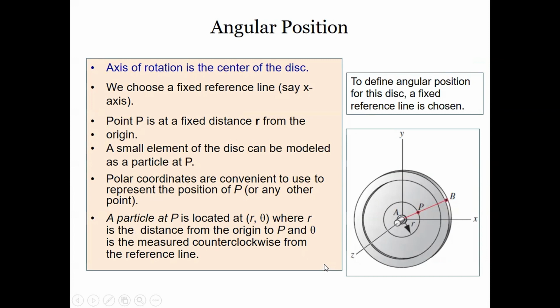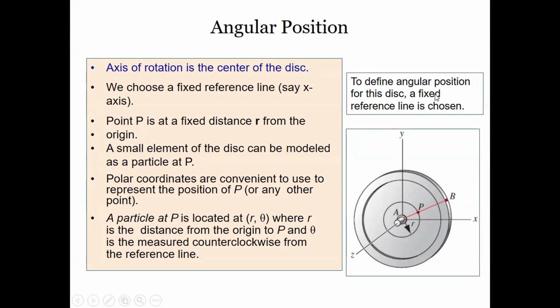So to understand the rotation, we first introduce the concept of the angle and the angular position and the angular change. The axis of rotation is the center of our rotating object. For example, here we have a disk.